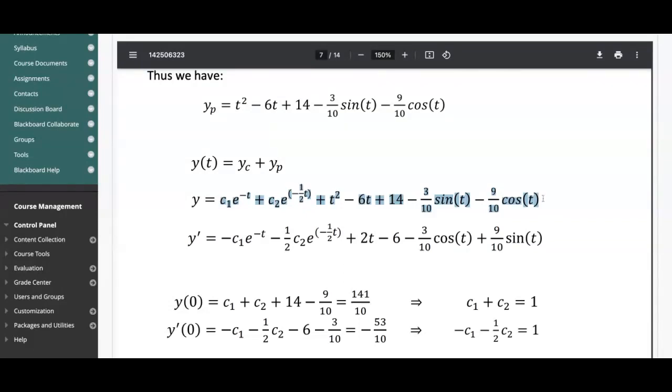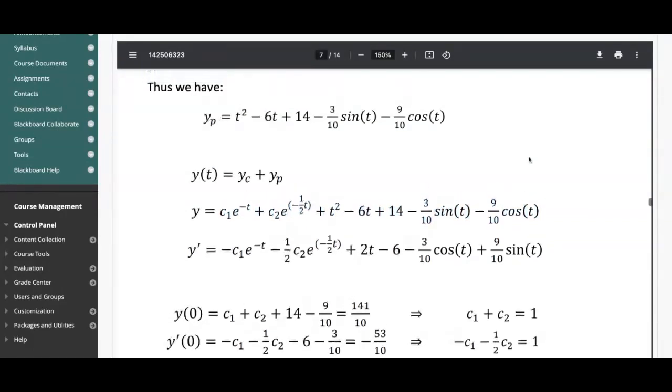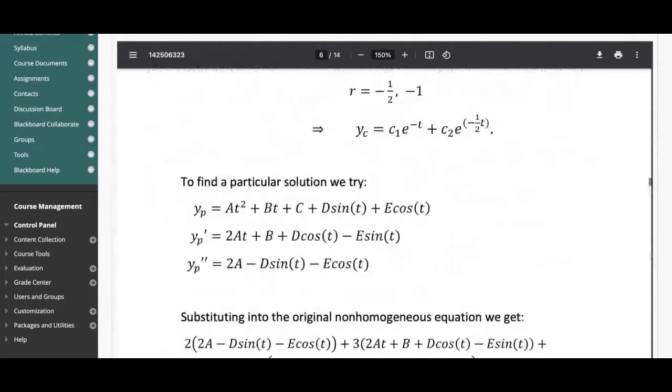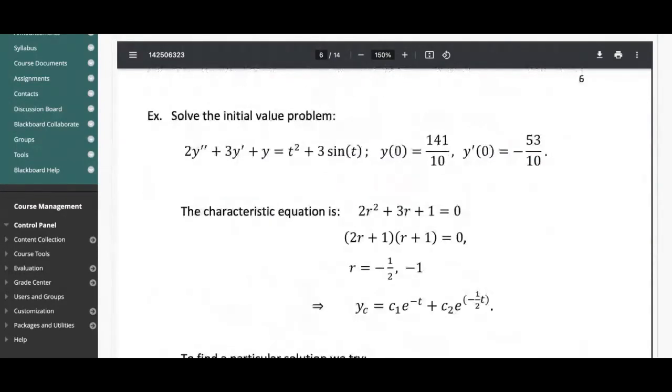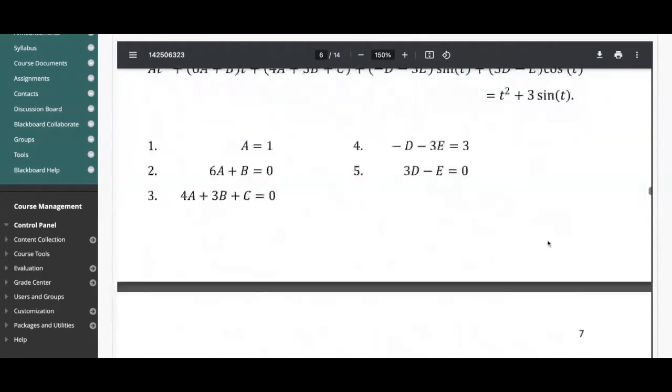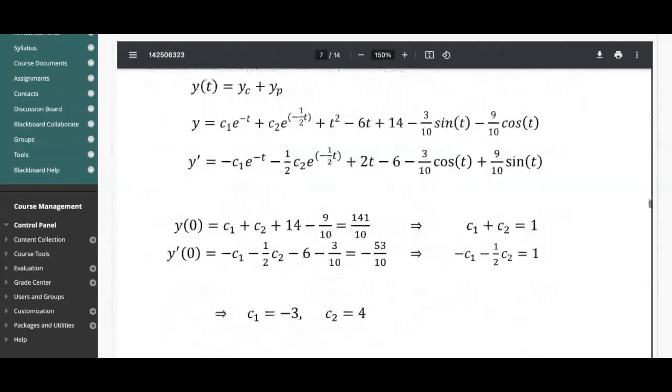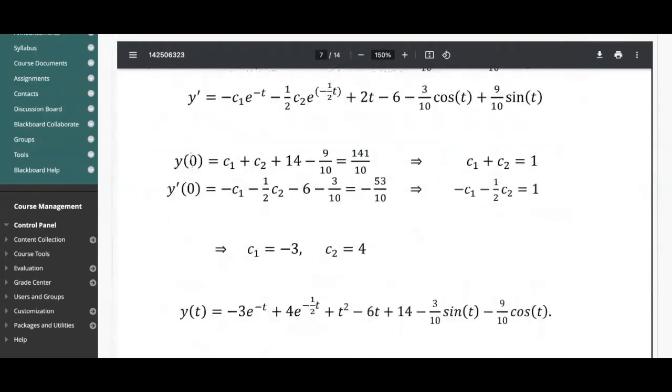Get this. All right, we are given initial conditions. We're given y of 0 equals such, y prime of 0 equals such, two initial conditions. So we plug in 0 for t.